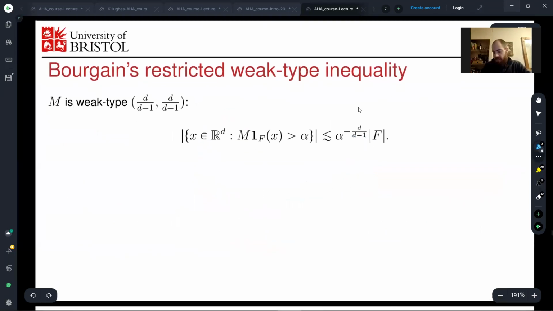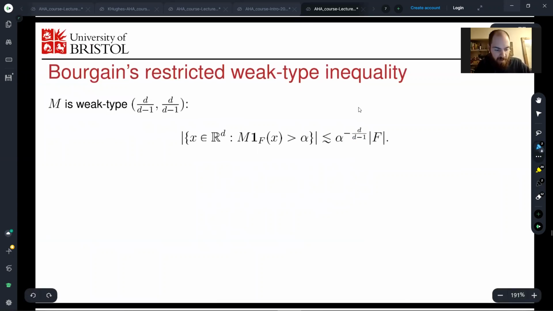Okay, now we're finally almost there, getting to Bourgain's restricted weak type inequality. Just to remind you what it is, we want to prove this level set estimate.